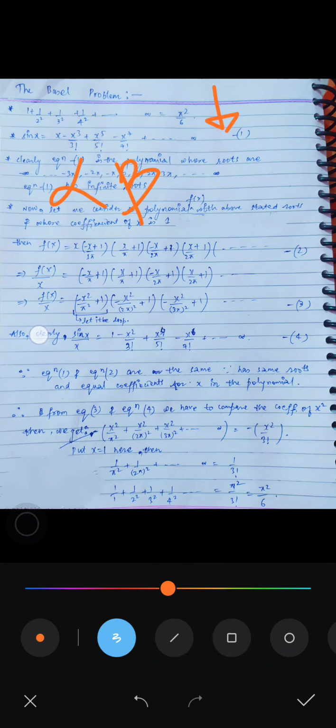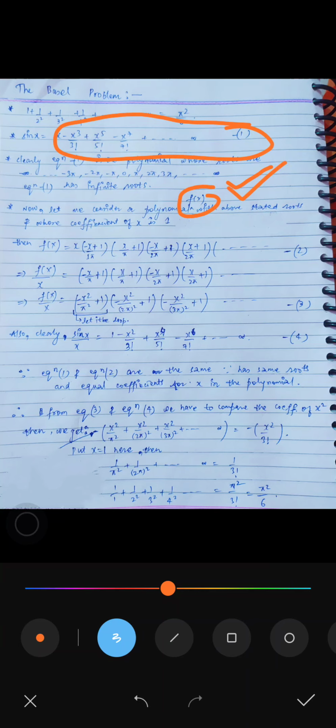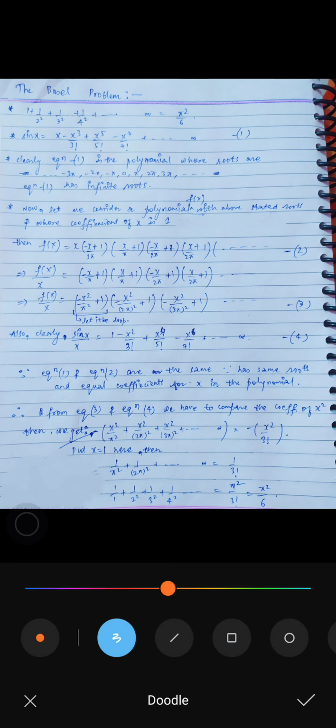Since I know its roots, I can write f of x as x into 1 minus x over pi into 1 plus x over pi into 1 minus x over 2 pi into 1 plus x over 2 pi, and this goes to infinity. You can see f of x has 0 as its root, pi, minus pi, 2 pi, minus 2 pi as roots, and its coefficient a, which I talked about in the quadratic equation, is also matching here.